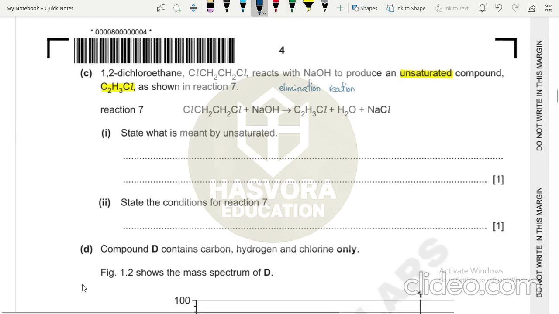So first of all they are asking what is meant by the term unsaturated. So this is a basic question. A compound in which there is a carbon-carbon double bond.